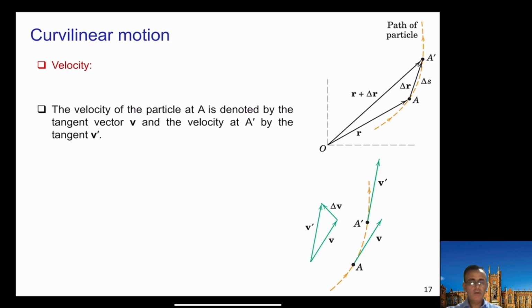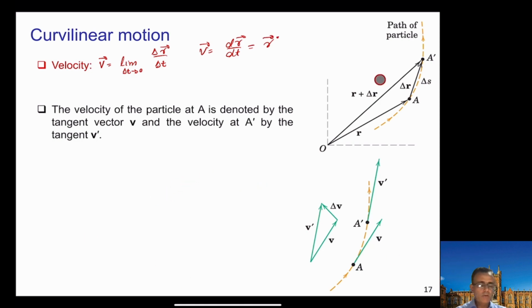Now, as we already know, we derived in the previous slide that v was equal to the limiting value when delta t approaches zero of delta r divided by delta t. So v is equal to dr by dt, or you can say it is r dot.